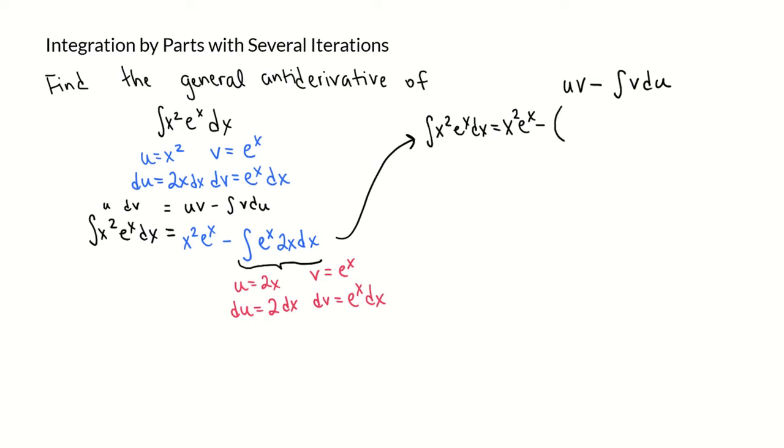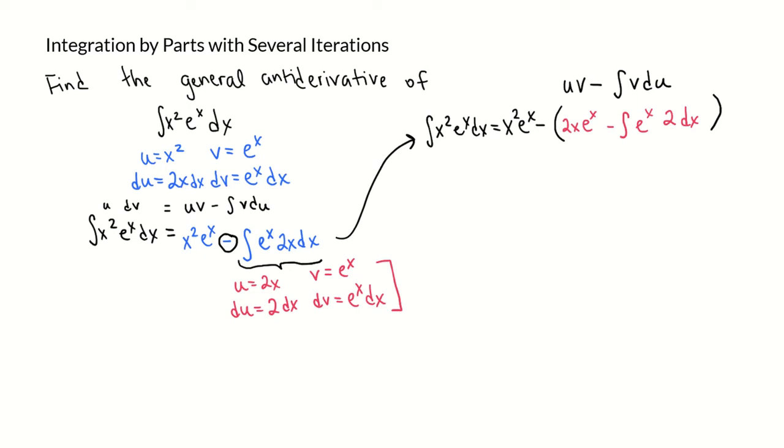Since we're going to get kind of a long or two-piece expression, and we have this subtraction, I'm just going to put those parentheses so we remember to subtract both pieces. And now using our second set of integration by parts pieces, we want to do uv, so that's 2x e to the x minus integral of v, which is e to the x, du, which is 2 dx.